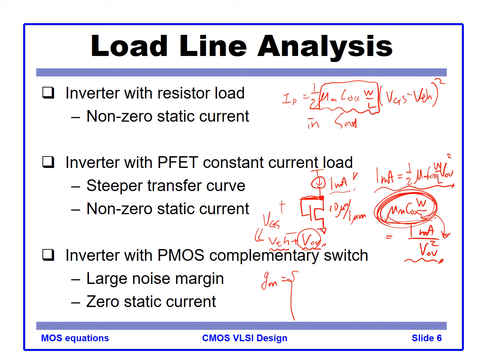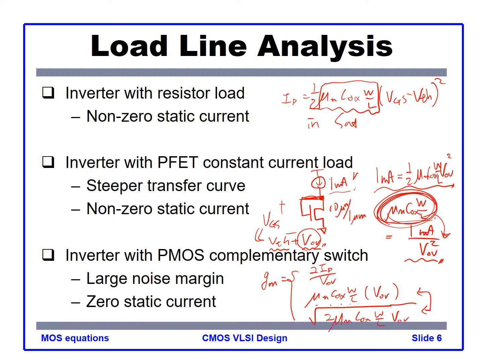So actually, when you design a circuit or find a small signal parameter like gm, the transconductance, there are three different equations. The first one is 2 ID over V overdrive. The second one is mu n cox W over L times V overdrive.